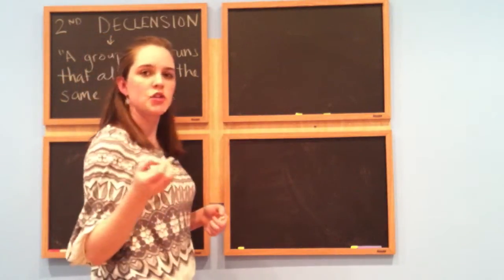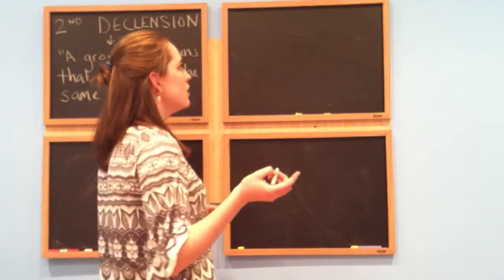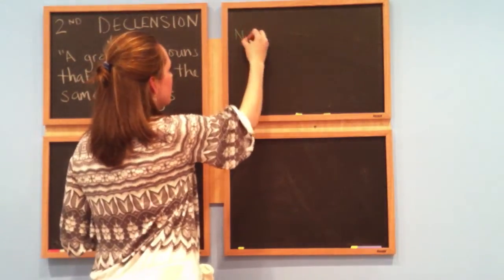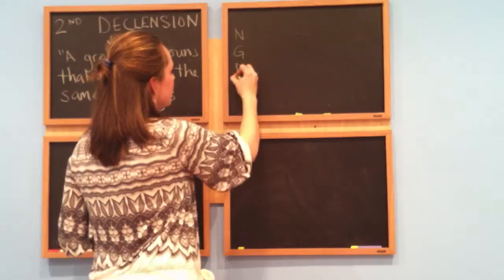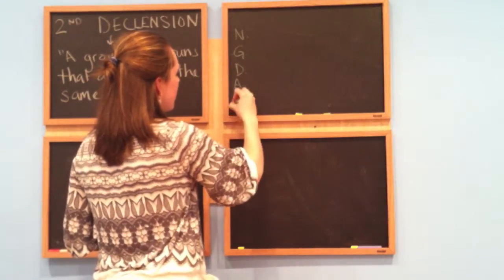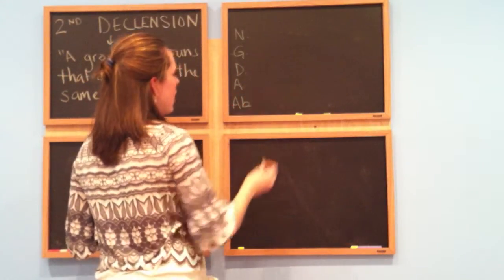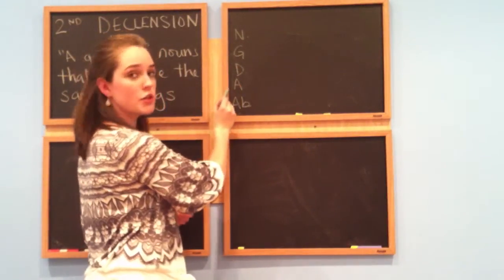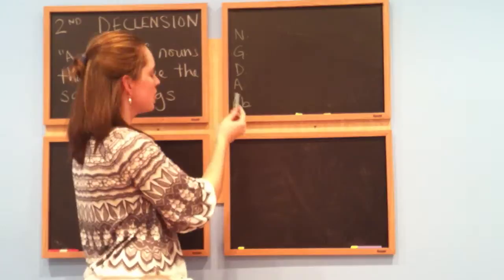Our mnemonic to remember the 5 cases we need on the left here is never go driving alone, Abby. And those cases are nominative, genitive, dative, accusative, ablative.